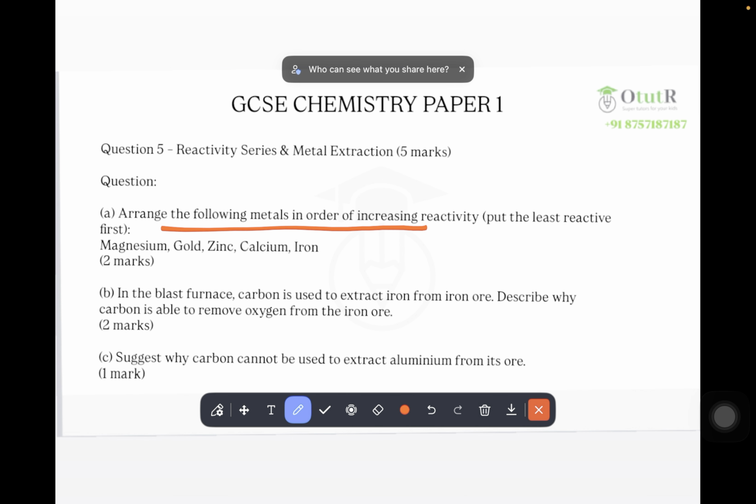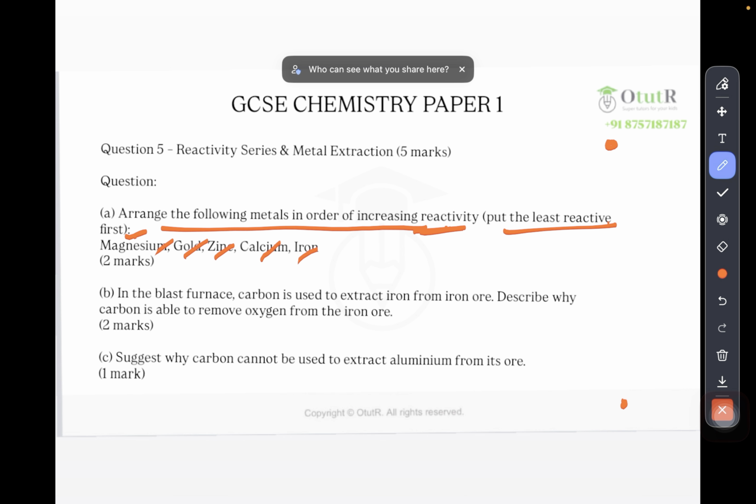Question 5. Arrange the following metals in order of increasing reactivity. Put the least reactive first. Now it says put the least reactive first, meaning over here at the top, and then the most reactive at the end. So first we have magnesium, gold, zinc, calcium and iron. You should remember the reactivity series very well for this.